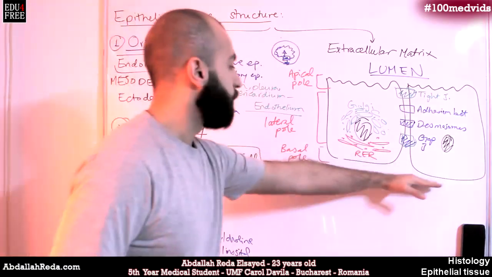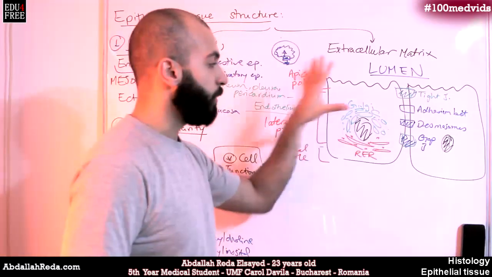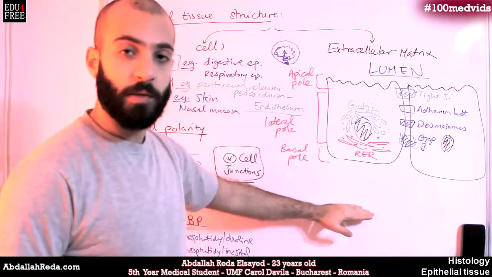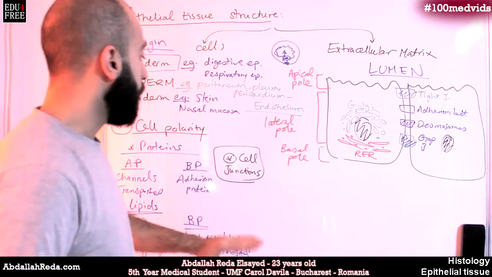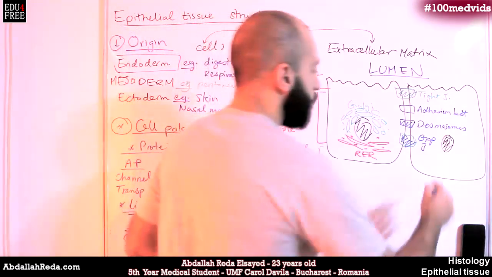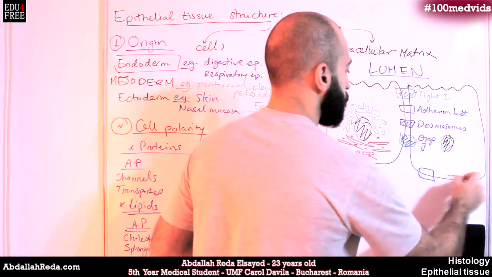Then, on the basal pole, connecting the epithelial cells to the next layer that we're going to talk about, are the adhesion proteins that we just mentioned here. We have two types of those.